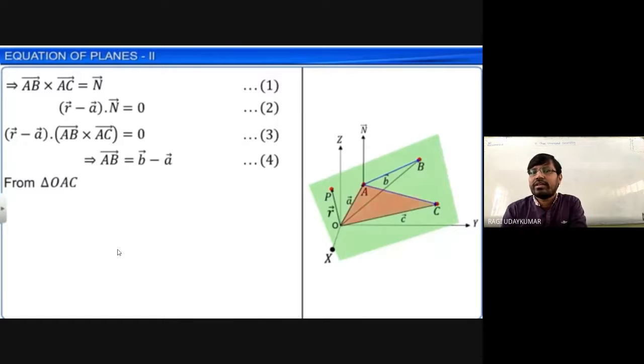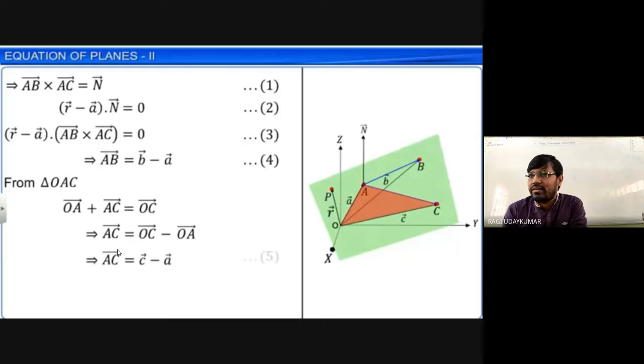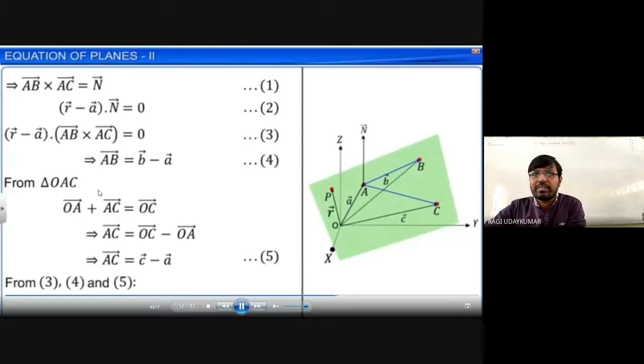Substitute the cross product of B bar minus A bar and C bar minus A bar into the earlier equation.